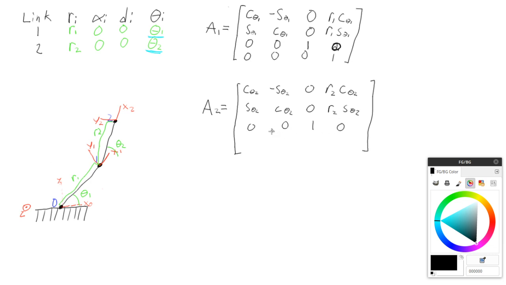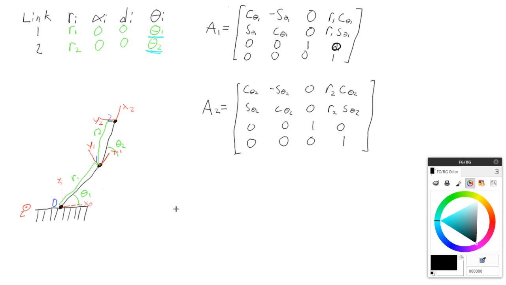Remember that's a 0. And our standard format here is 0 0 0. Always that bottom row is going to look like that. So now we've got A1 and A2. So we've got both of our homogeneous transformation matrices.